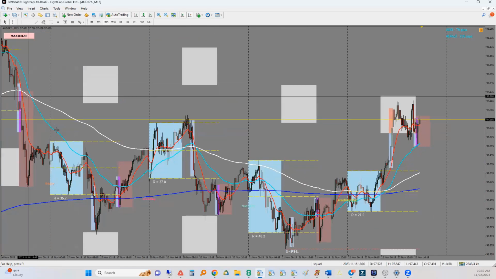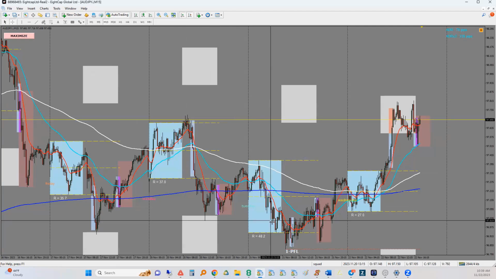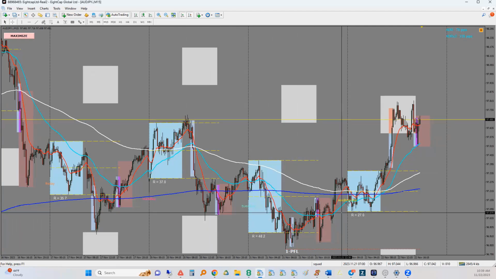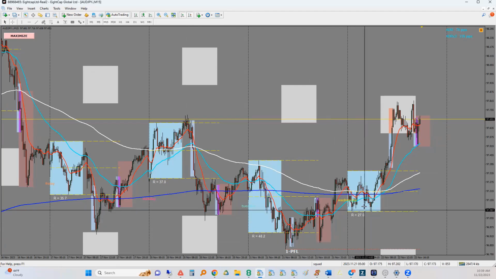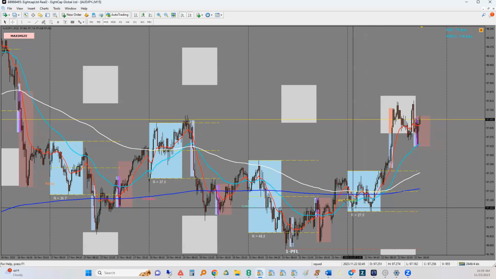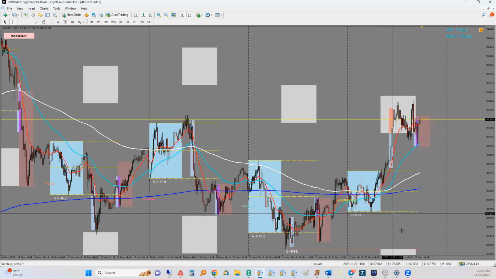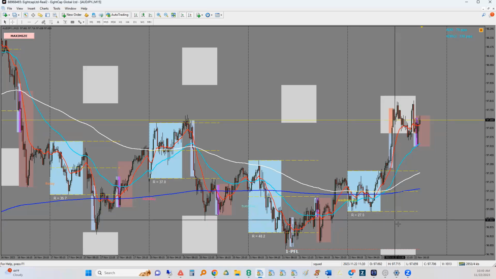I'm looking at it. It was dropping, and then it dropped here, and then it came here. Now this one yesterday would have been the opportunity, but you can see that the W formed inside the Asian range. It did not form outside. It has to form below the Asian range.